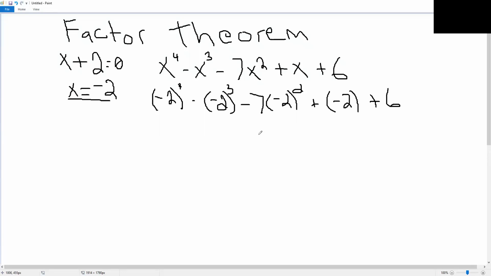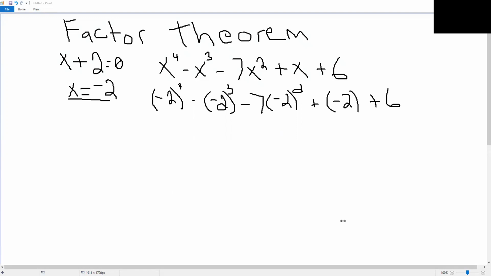So let's go ahead and solve this. -2 to the power of 4. What is that? Well, we got a calculator, right? So we can plug in our -2 and raise it to the power of 4.